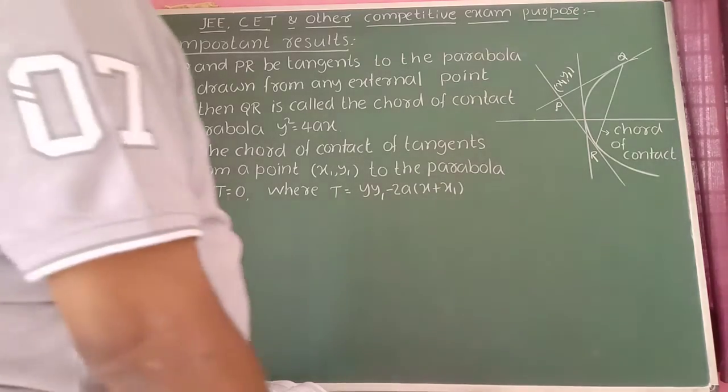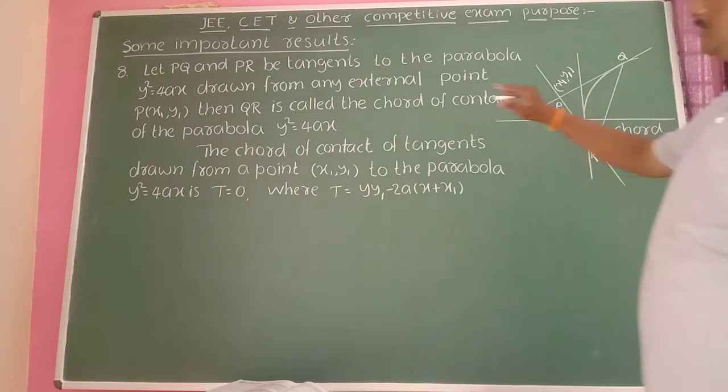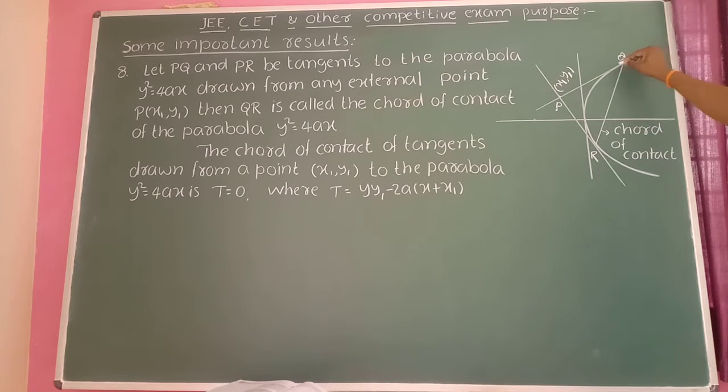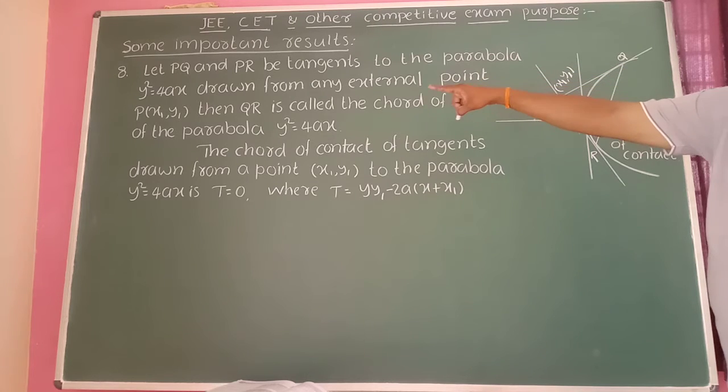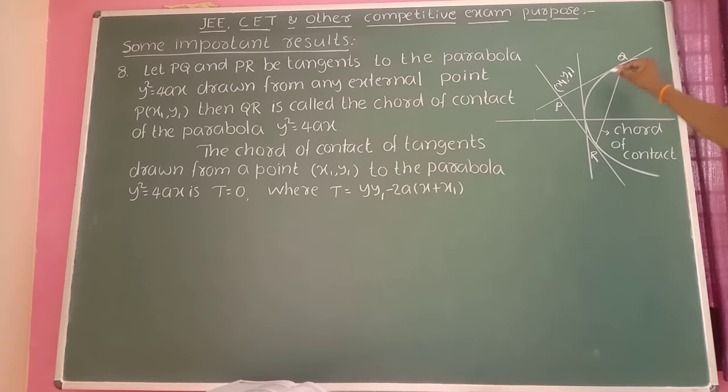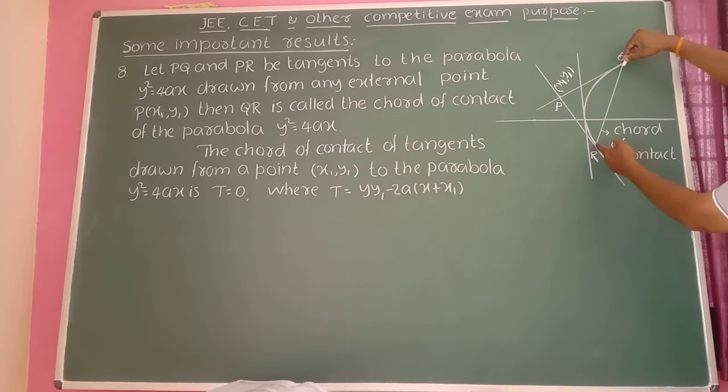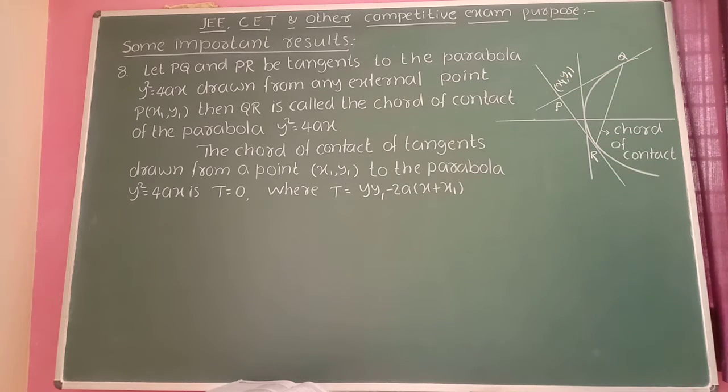In this diagram, just observe PQ and PR, the tangents. PQ and PR are tangents to the parabola y² = 4ax drawn from an external point (x1, y1). Join the points Q and R. Then the line QR is called the chord of contact of the parabola y² = 4ax.